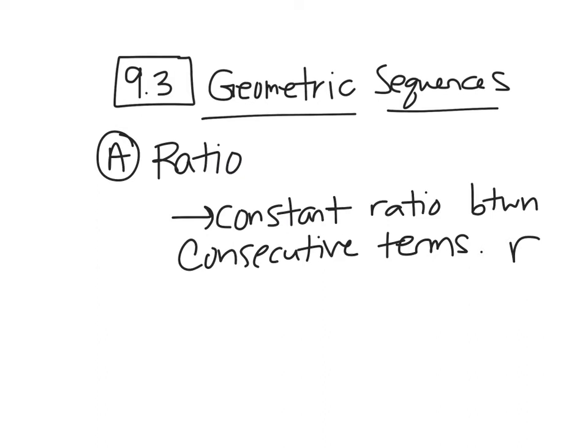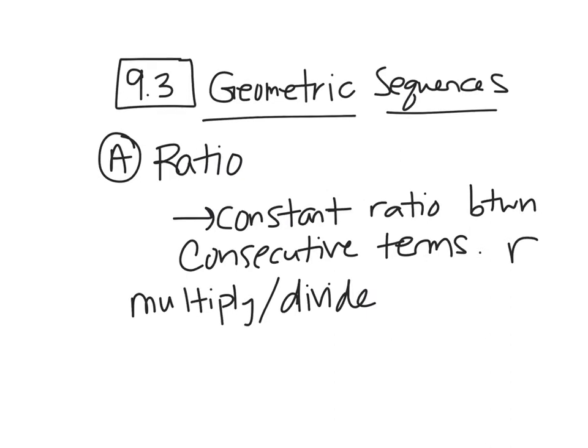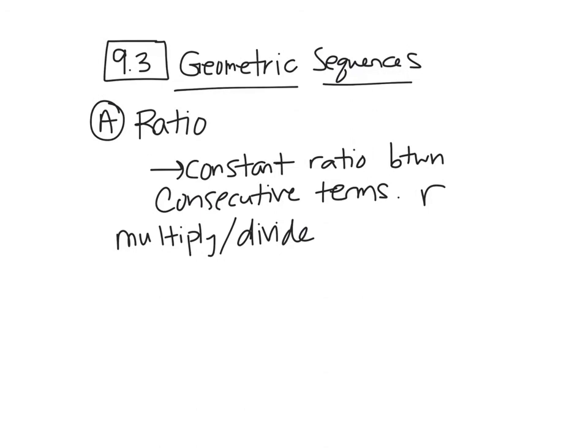Basically, for a geometric sequence to be a geometric sequence, you either multiply or divide by a number to get to the next one. So for arithmetic, we add or subtract. Geometric, we multiply or divide. Okay? And the way that you can find R is pretty easy to do.